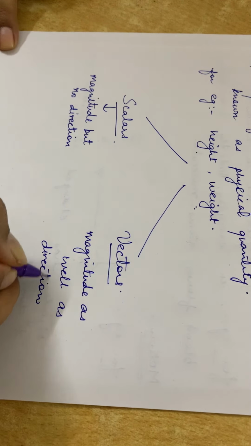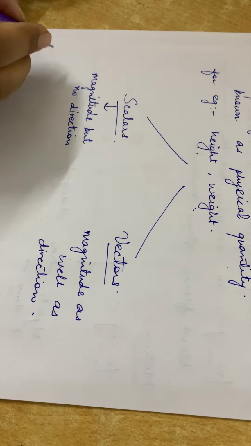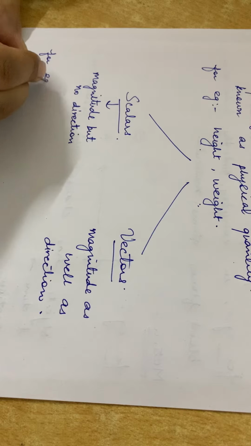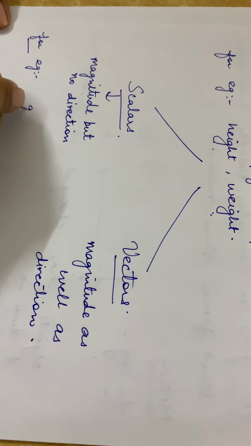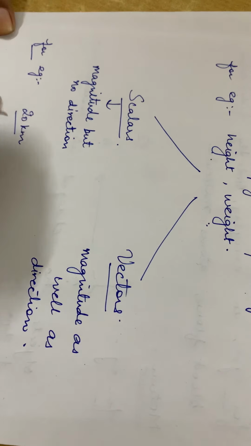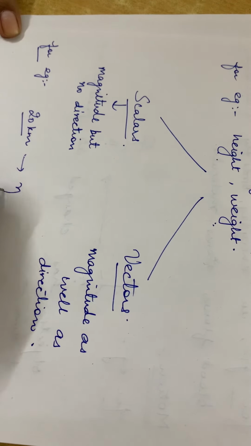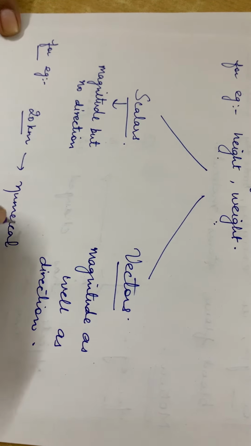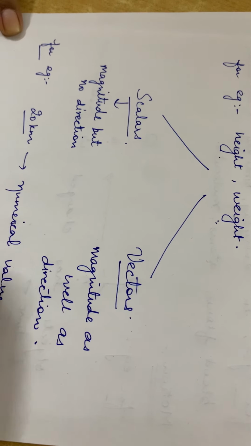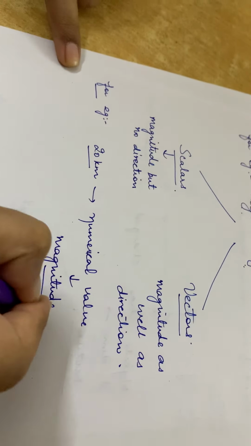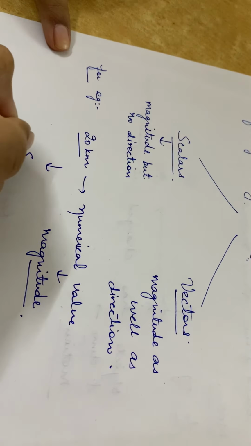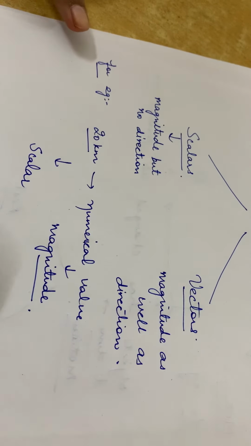To understand the difference between scalar and vector, let me take an example. If I say that I have moved 20 kilometers, it means I am giving only the numerical value, which means it is having only magnitude. So this is known as a scalar quantity.